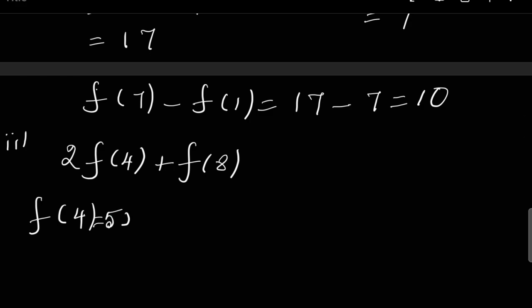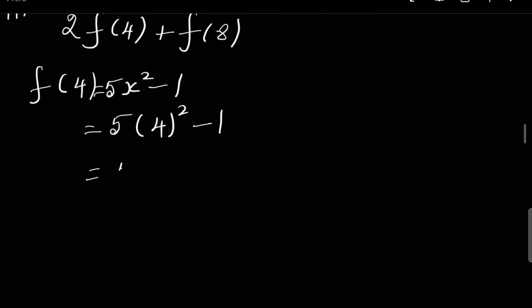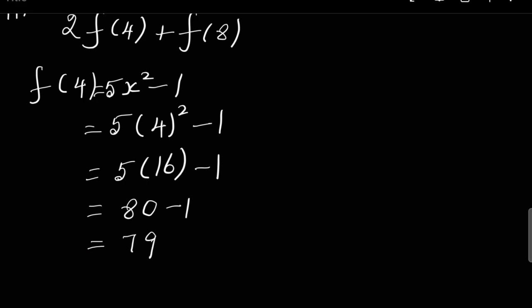That is 5 into x is 4, 4 the whole square, minus 1. So 5 into 4 squared. 4 4s are 16, minus 1. 5 into 16, 5 6s are 30, 3 carry over, 5 1s are 5. 80 minus 1 is equal to 79.